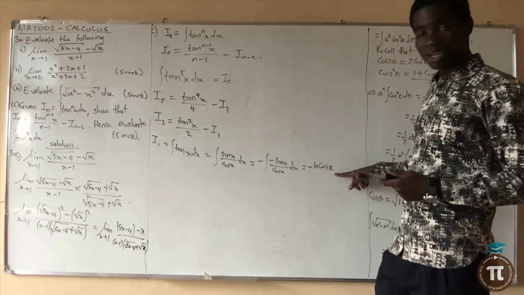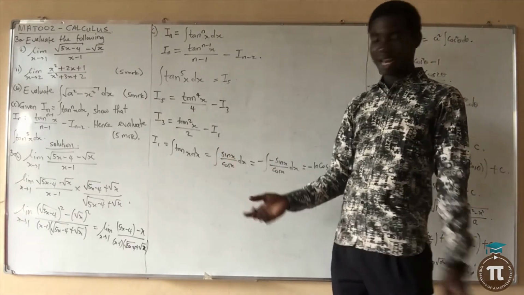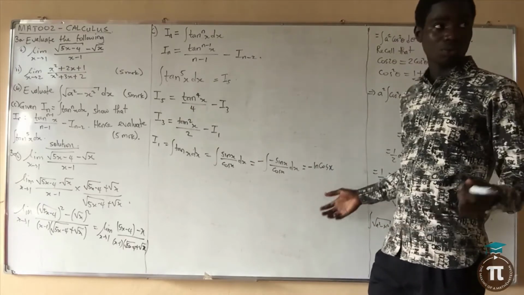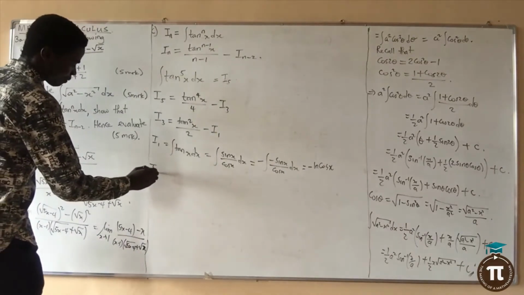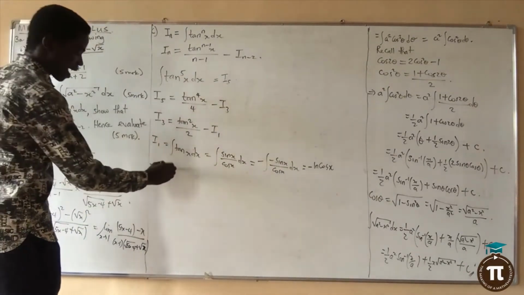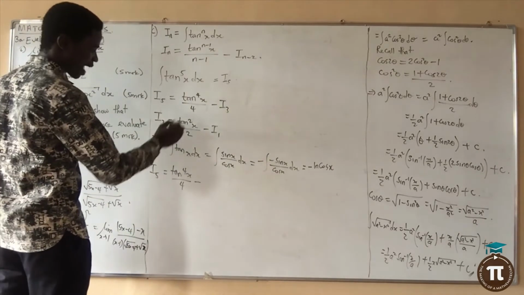Because if you differentiate ln cos x, the answer is minus sine over cos x, which is eventually minus tan x, but this minus outside, that's why I have this actually. So I5 will then be tan 4x divided by 4 minus I3.